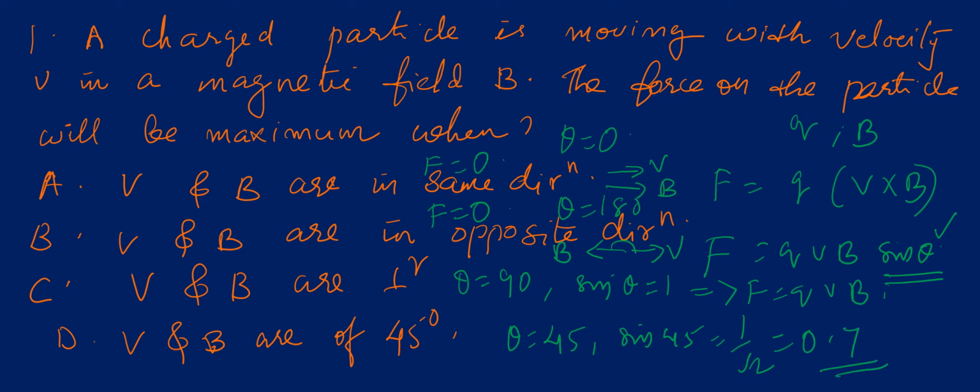So from all of these, sin theta value is maximum for 90 degrees. So the answer is option C, v and B are perpendicular. Force will be maximum when v and B are perpendicular.